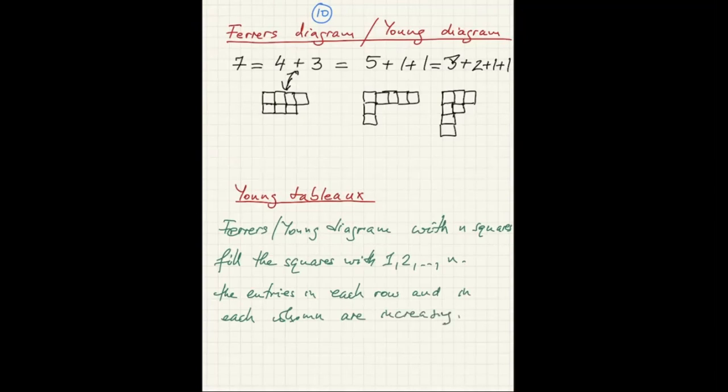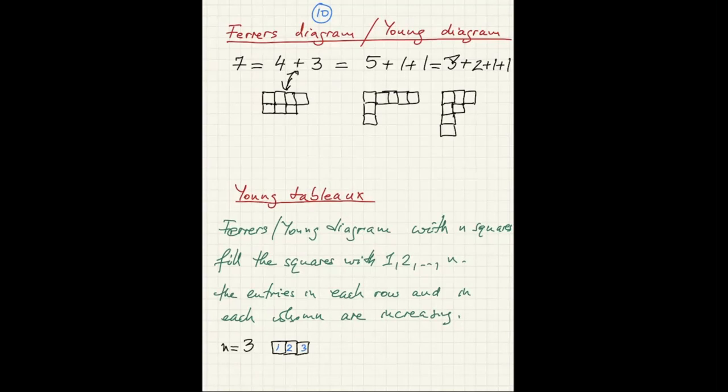Okay, so let's do some simple examples. Let's say n equals 3. If I have this simple Young diagram, the only way you can fill it up so that the entries are increasing is 1, 2, 3. Okay.